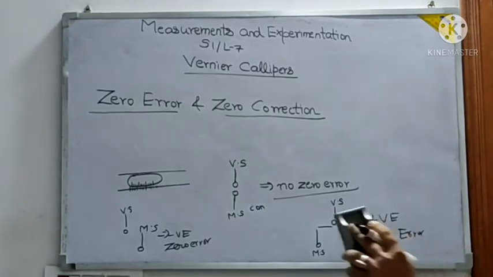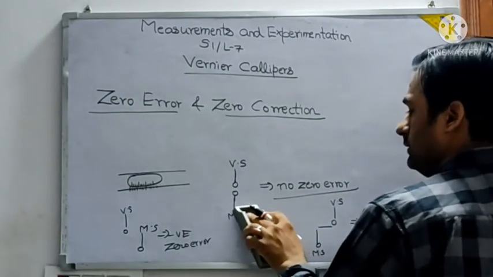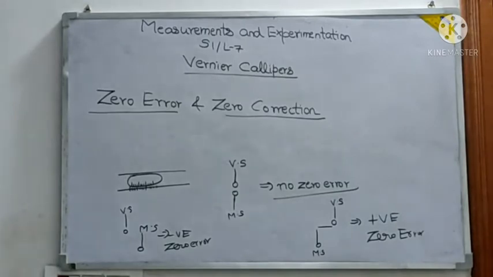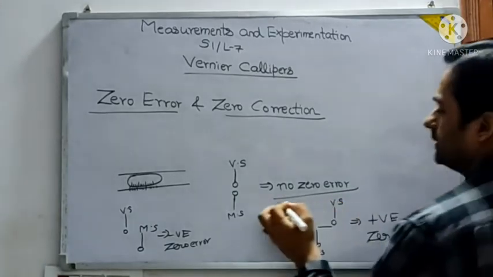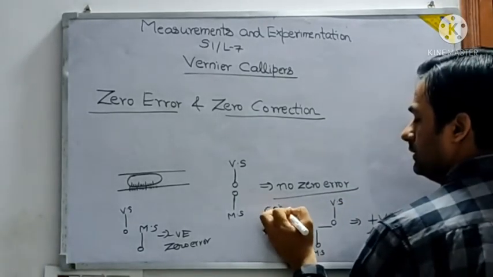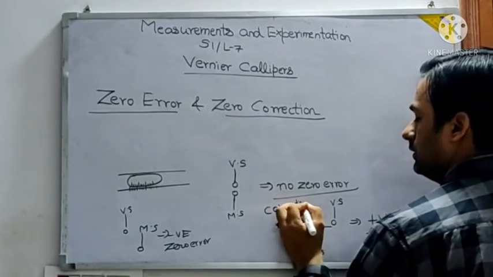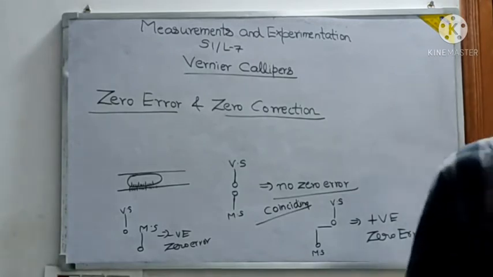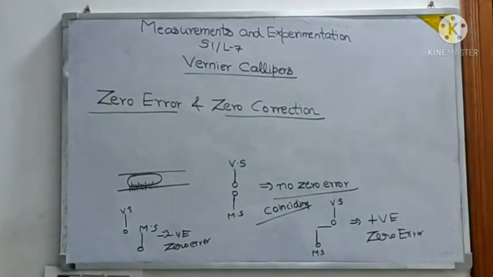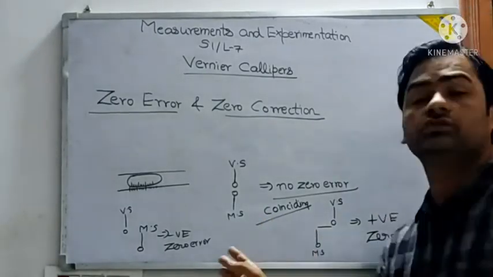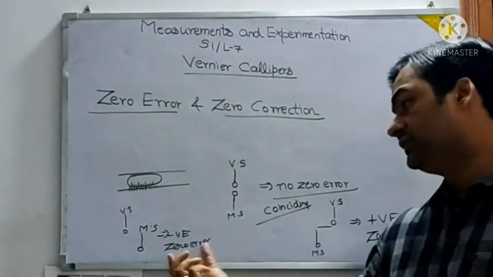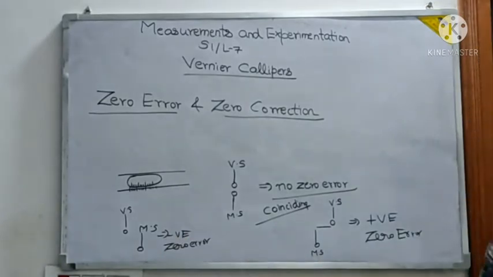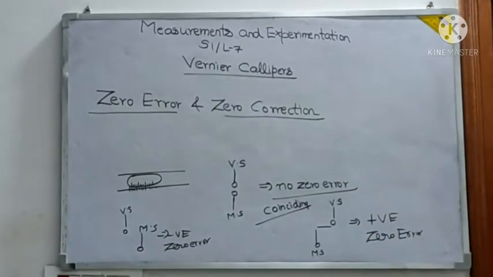If they are coinciding, then there is no zero error. If they are not coinciding, two cases can be there: positive zero error or negative zero error. Positive when the zero of the vernier is on the right hand side.